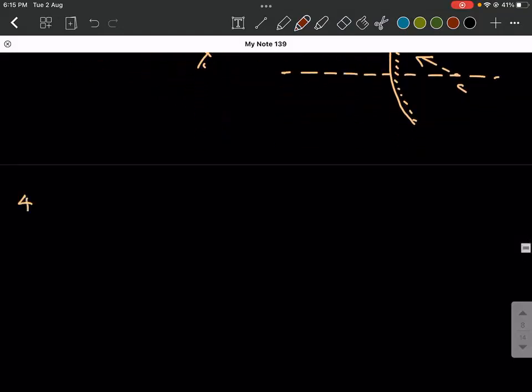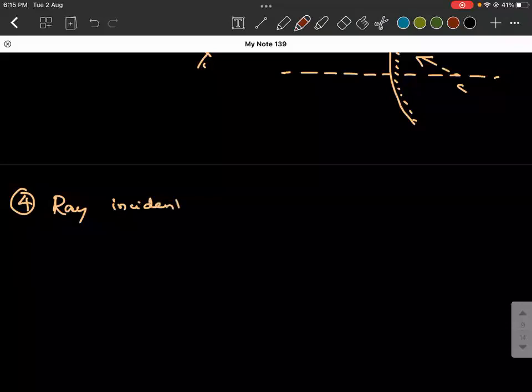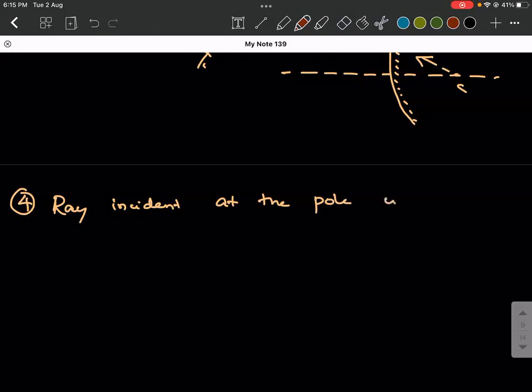And the last point is a ray incident at the pole. So if a ray is incident at the pole, it will make a symmetric angle with respect to the principal axis.